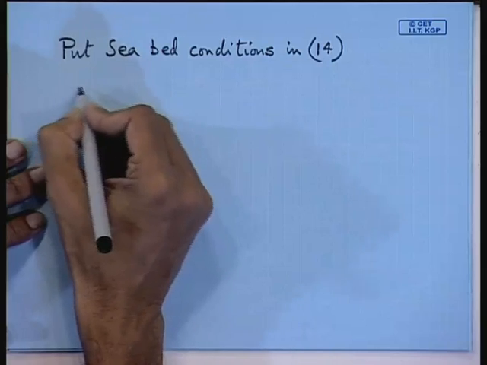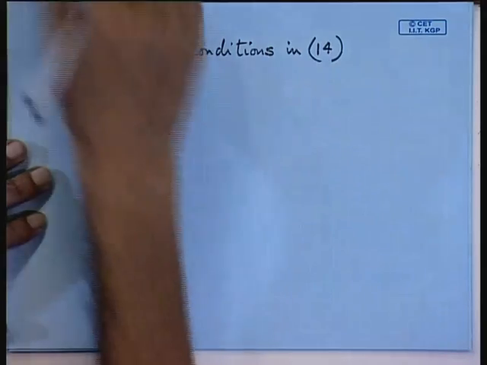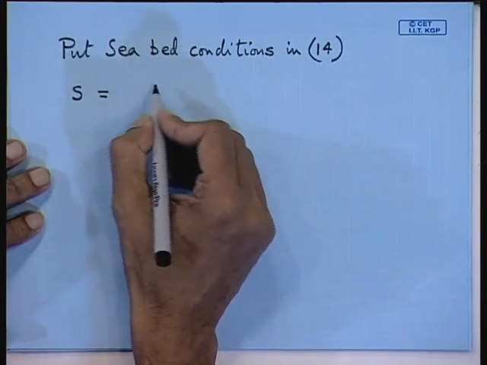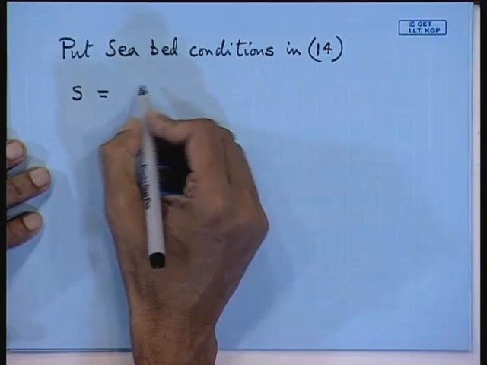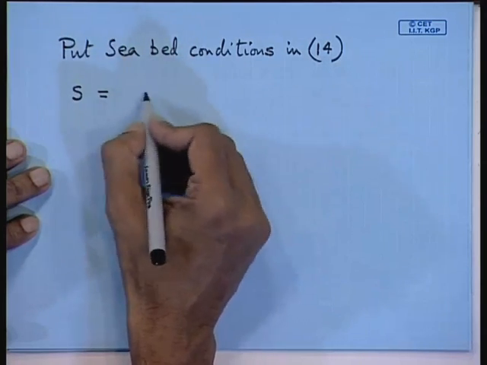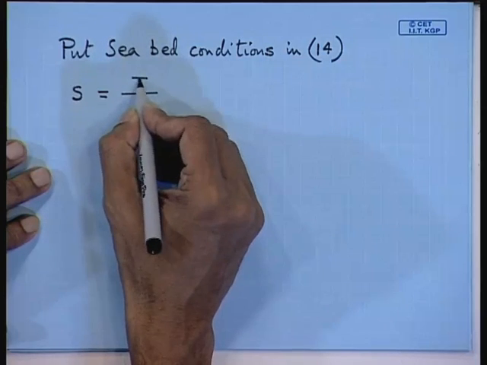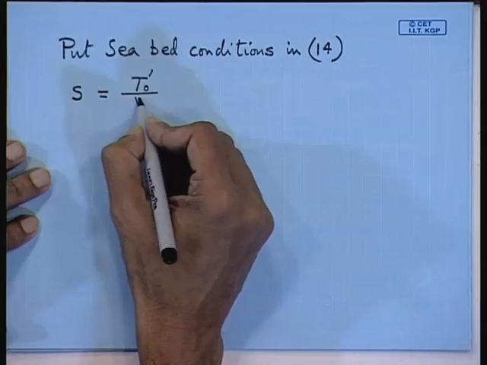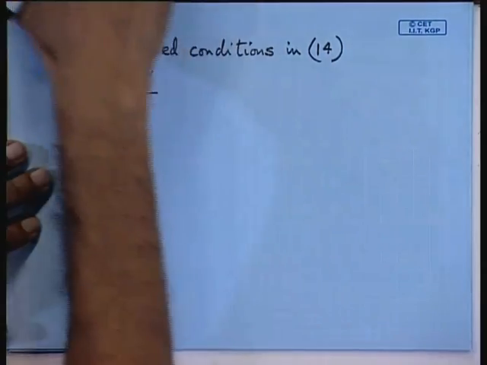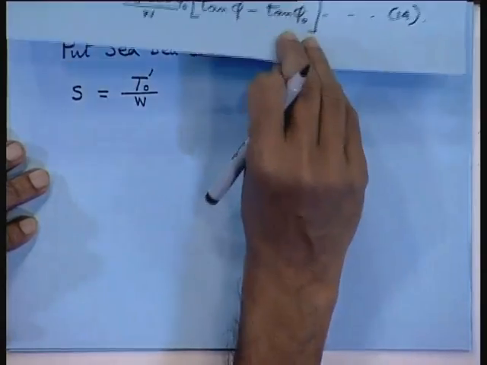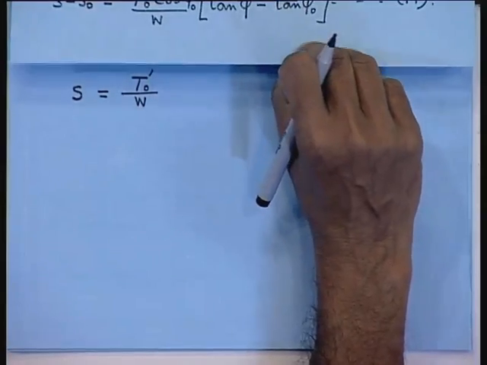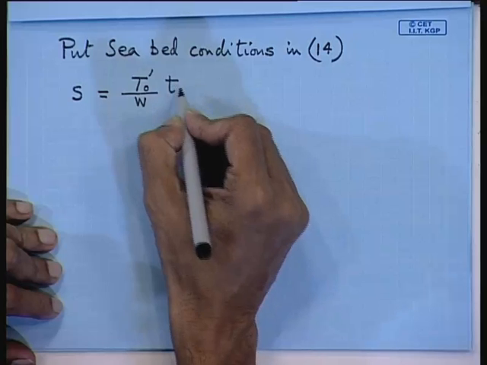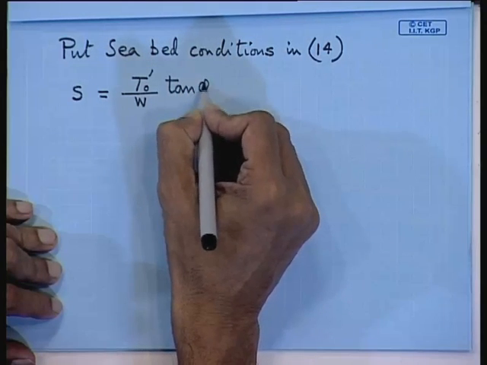So this will be simply S, your S naught is 0. And on the right hand side, instead of cos phi naught you will get 1. So this will become T prime naught over W, and tan phi naught will be how much? We have assumed phi naught to be 0, so this expression simplifies to only tan phi.